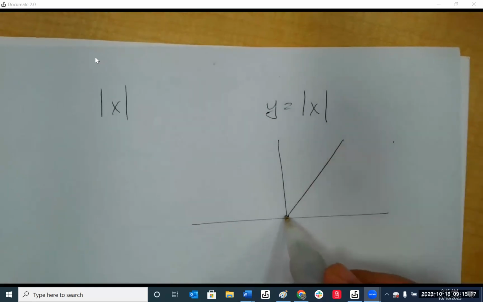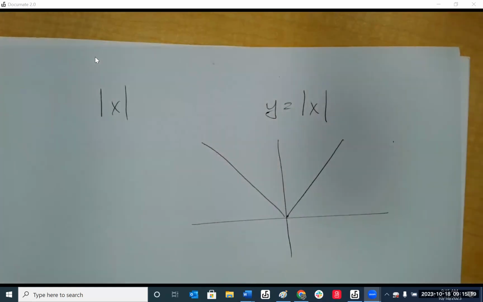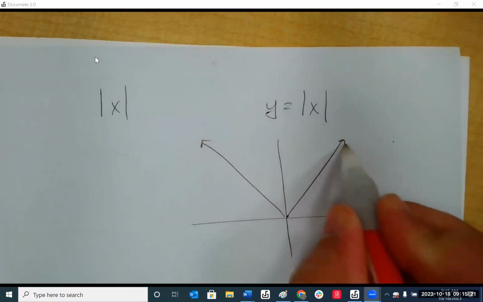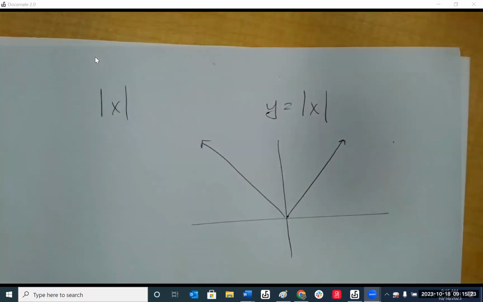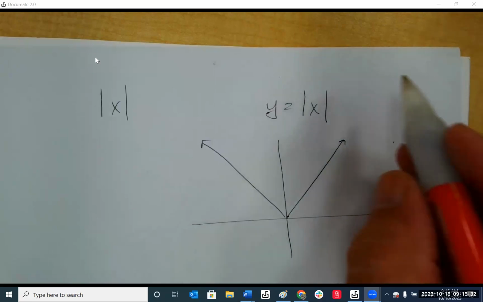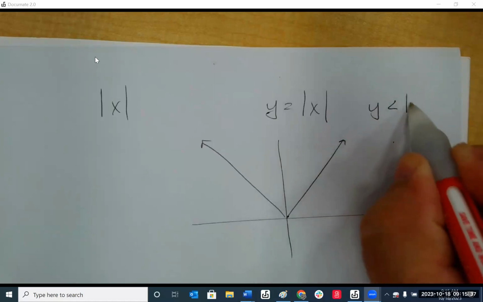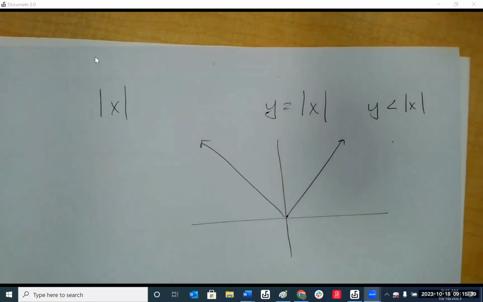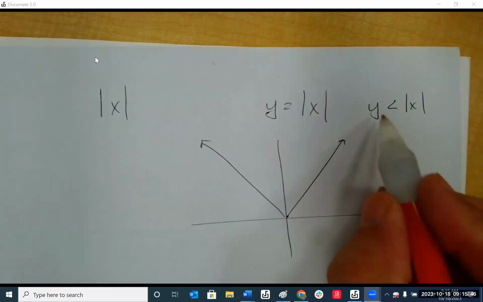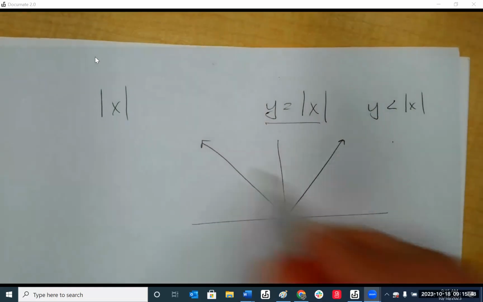The graph of the absolute value of x looks like this. Now I'm saying this is this graph right here.